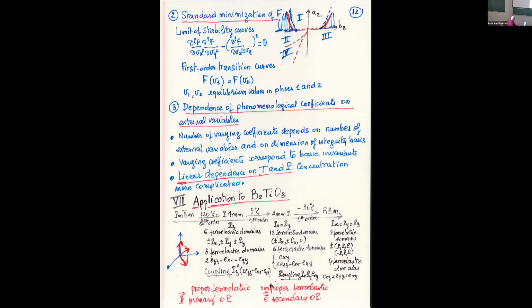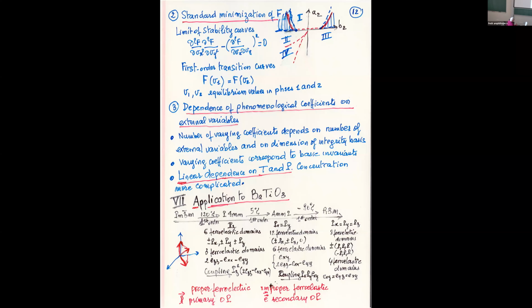And of all the transitions, the first one is very slightly first order, but it is first order because there is something which clearly shows it, which is a double hysteresis loop, which can occur only when you have either antiferroelectricity, which is not the case here, or when you have a first order phase transition.